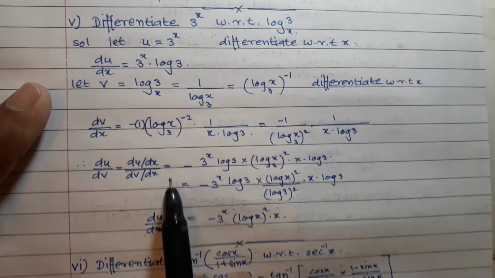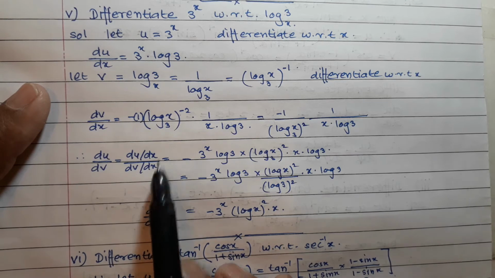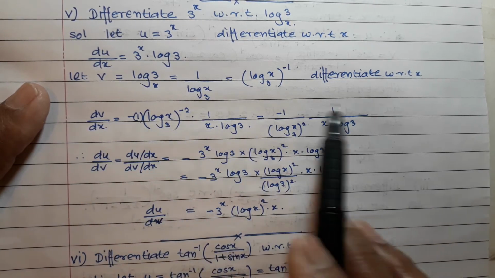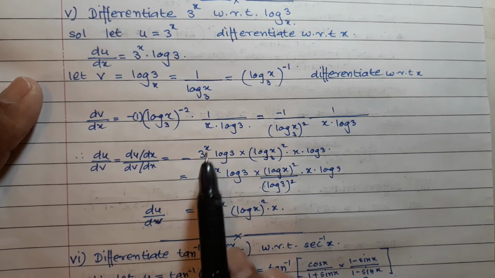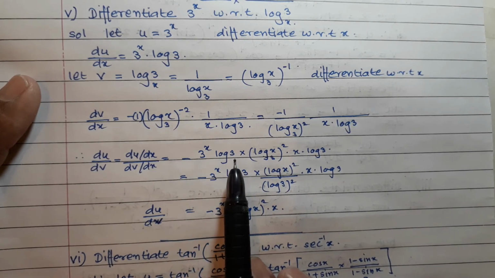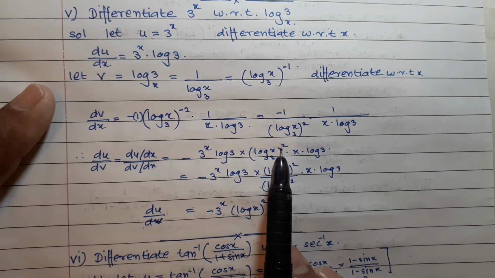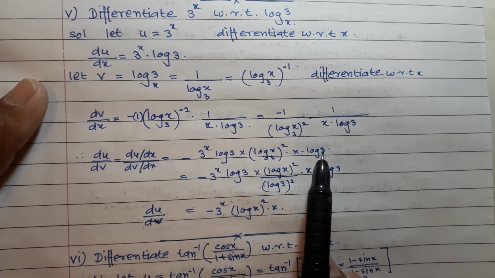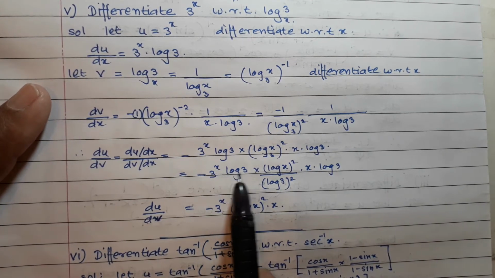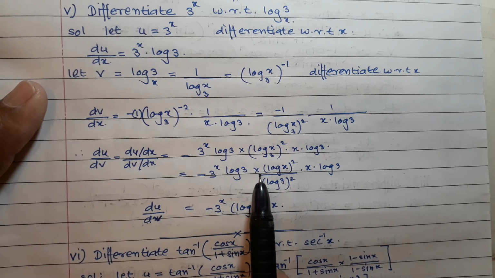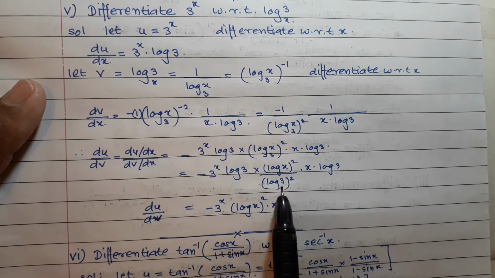Okay, and now du/dv is equal to du/dx upon dv/dx, so this differentiation is slightly complicated. Concentrate here. So it is equal to minus 3 raised to x log 3 into log x to the base 3 whole square into x log 3, and then you simplify this. 3 raised to x log 3 into log x square upon log 3.